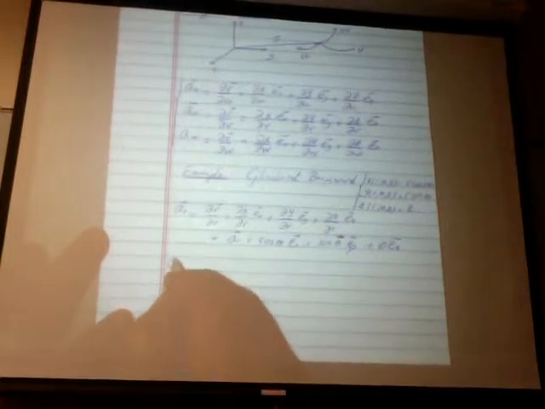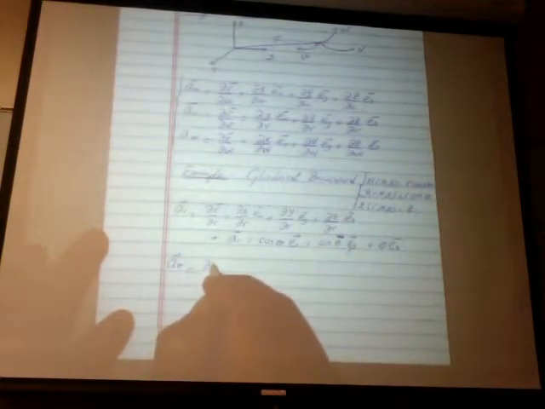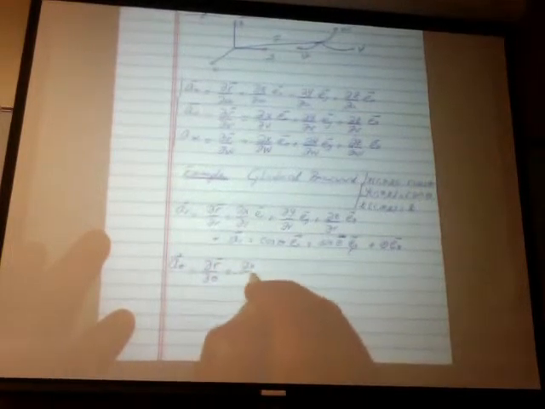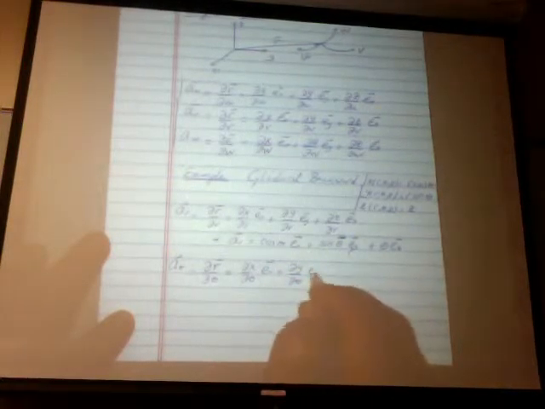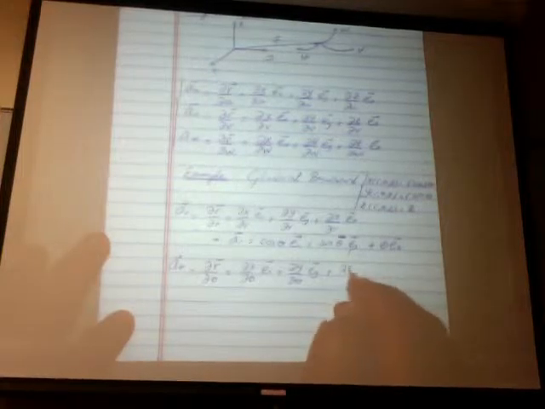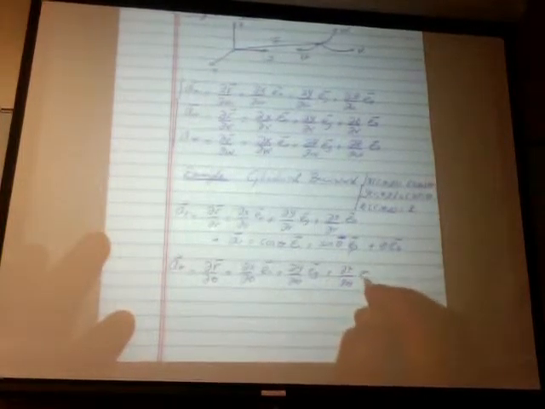Okay, A theta is dr d theta, which is simply dx d theta in the x direction, plus dy d theta in the y direction, plus dz d theta in the z direction.